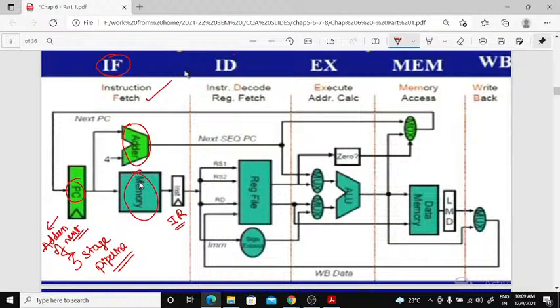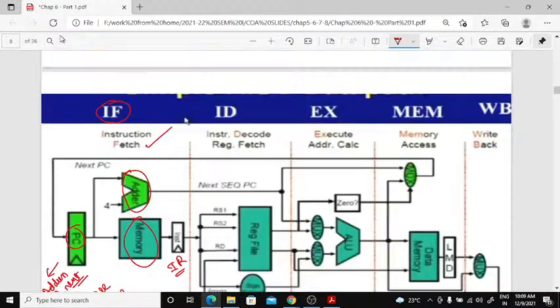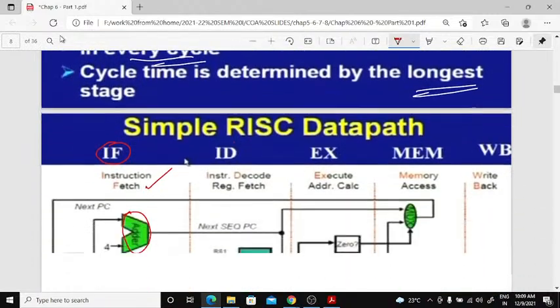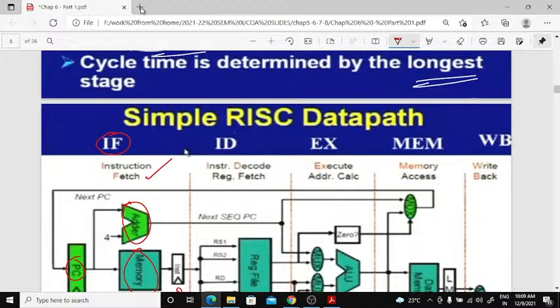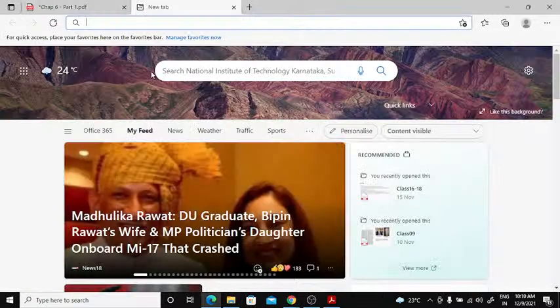In the PDF we discussed this only with a very general diagram.